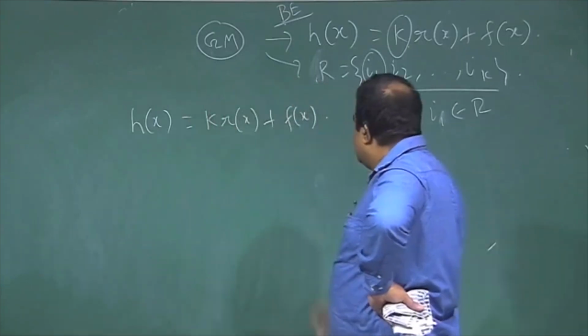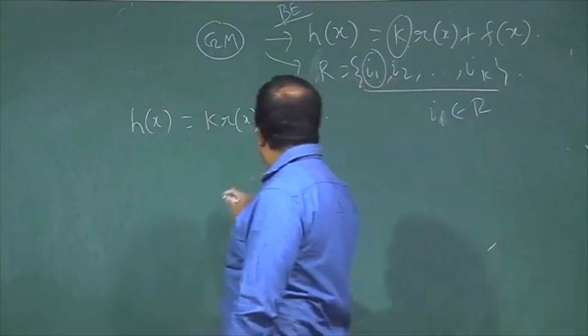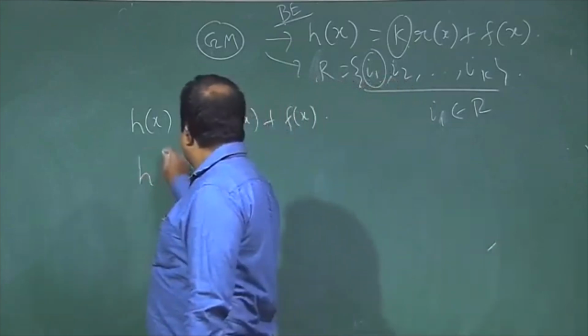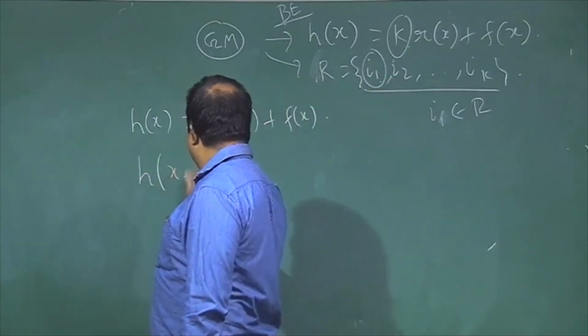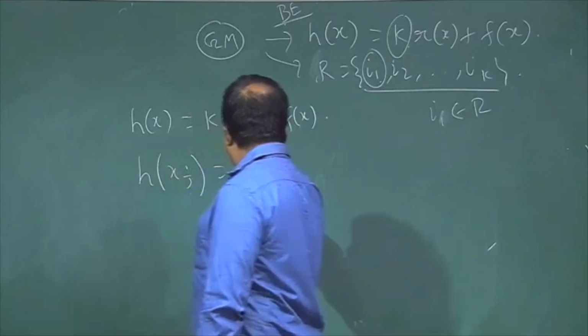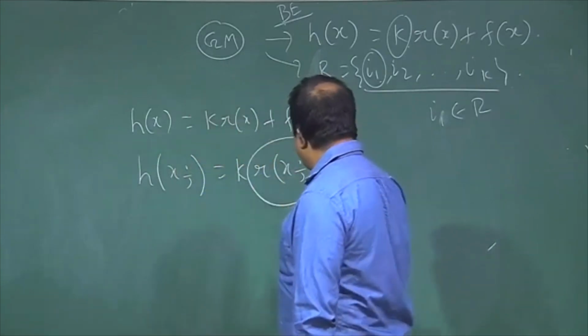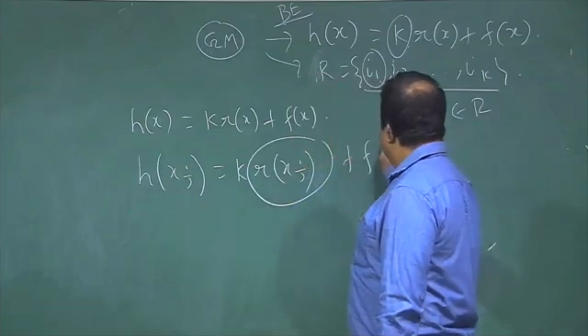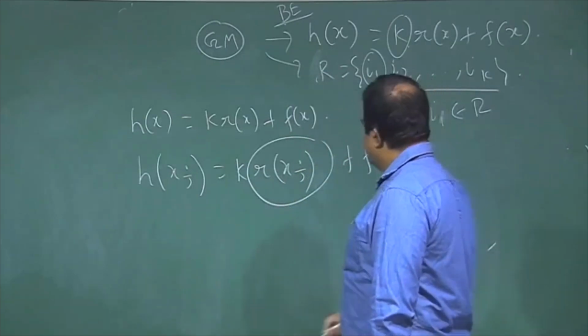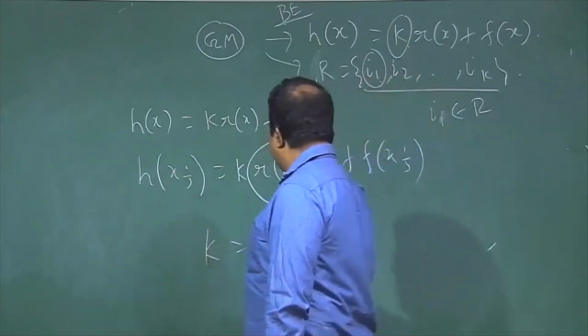Now, if we can calculate some value, say h of x_j for some j, provided this x_j does not belong to the revoked set, then from here one can calculate k.